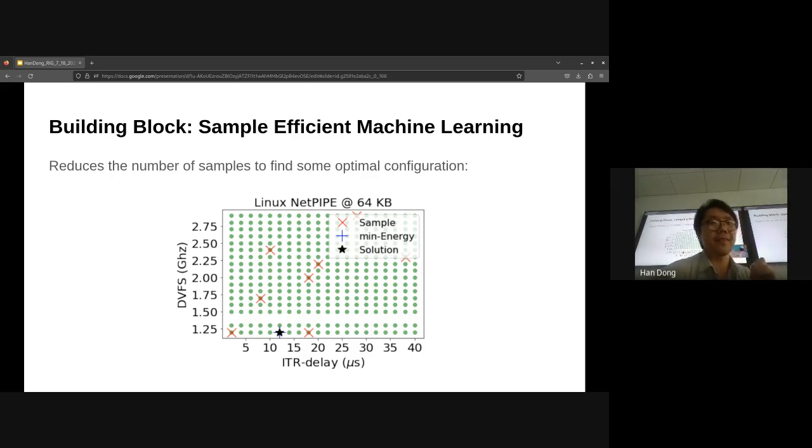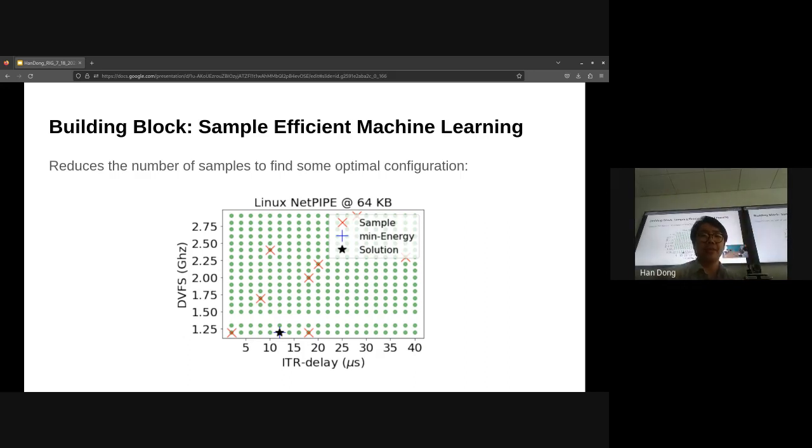And the X here is a sample that the ML technique took. The whole point of the ML technique is that given the data we give you, can you find a particular ITR DVFS combination that resulted in the least amount of energy used, right? So in this example, every single cross is a sample we took, and eventually it was able to settle on a solution, which gave us some evidence that okay, maybe now we can apply this technique to data it hasn't seen.